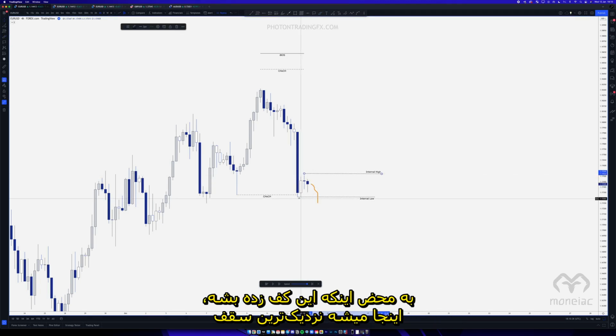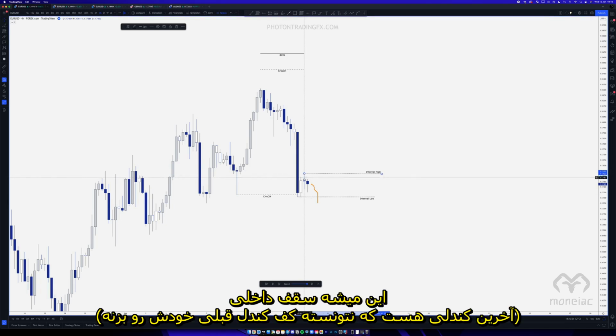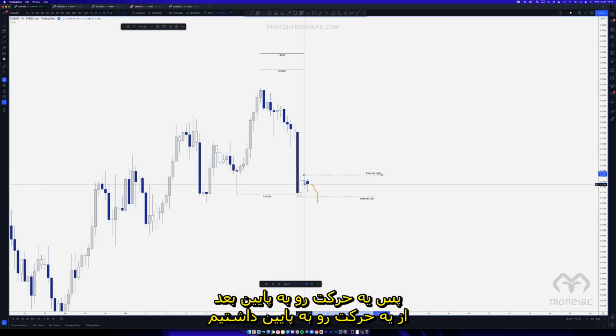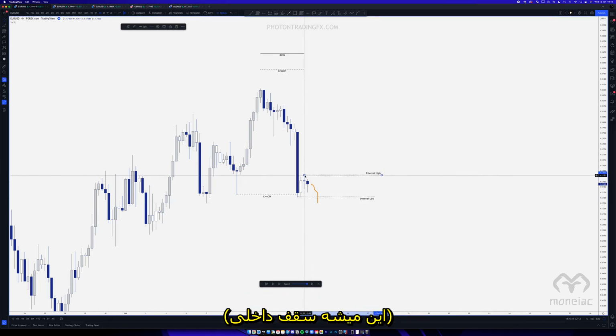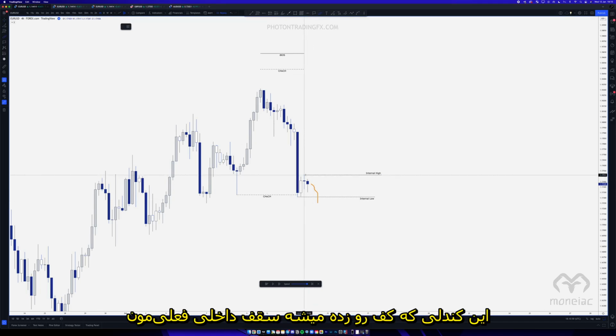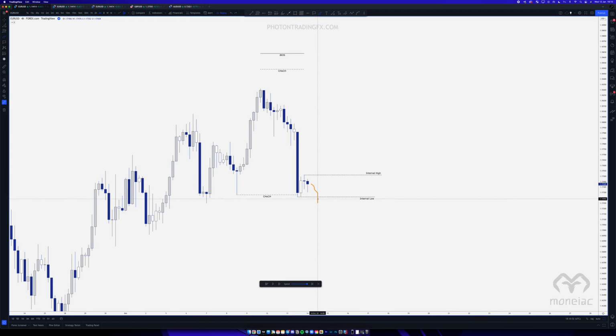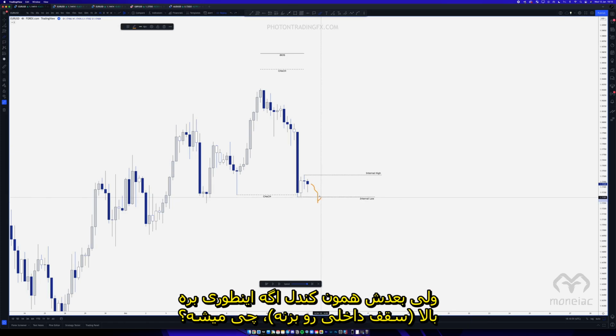As soon as this low goes, this would be the nearest high, because that's the internal high. That's the last candle that failed to break the prior candle's low. So we'd have a down move and then another down move. So this would be the internal high. So if that candle takes the low, that becomes our active internal high, but then that same candle moves up and takes the internal high, then what's happened?